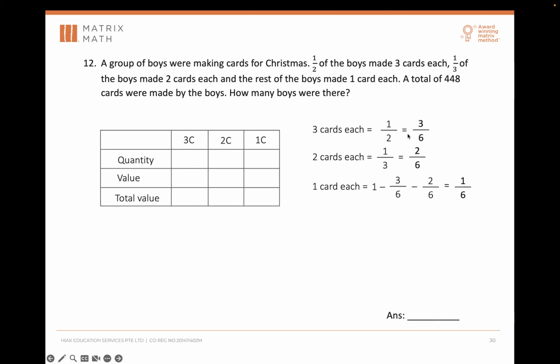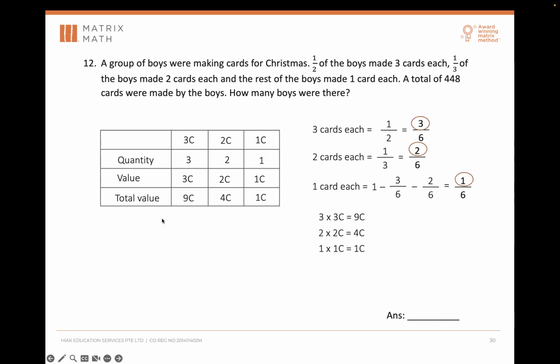By looking at these fractions, we can look at it as if there are 6 groups of boys, 3 groups making 3 cards, 2 groups making 2 cards, and 1 group making 1 card each. Value will be the number of cards. Then we multiply. 3 times 3, 2 times 2, 1 times 1.